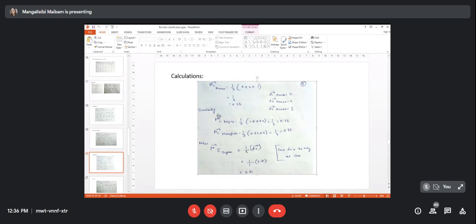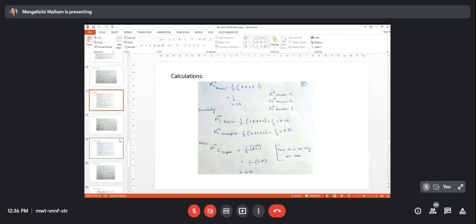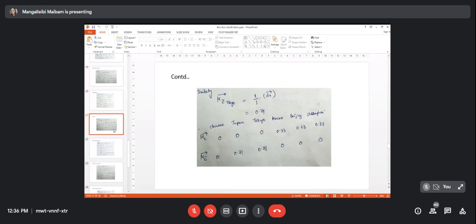Similarly, we are calculating for the China class first, and after that we will calculate for the North China class. Here, since we have only one North China class document, it will be 1 divided by 1, so the document vector itself remains.